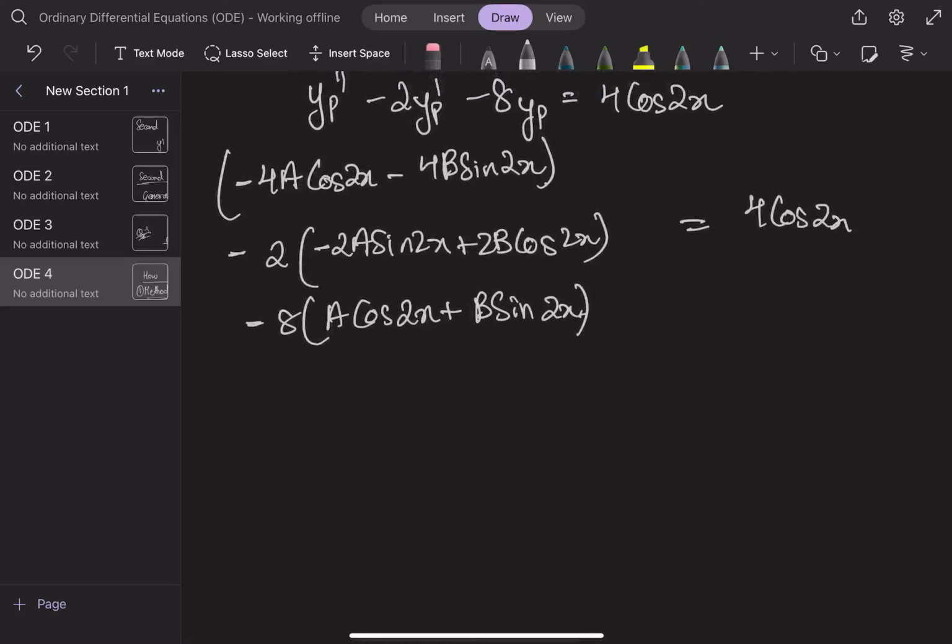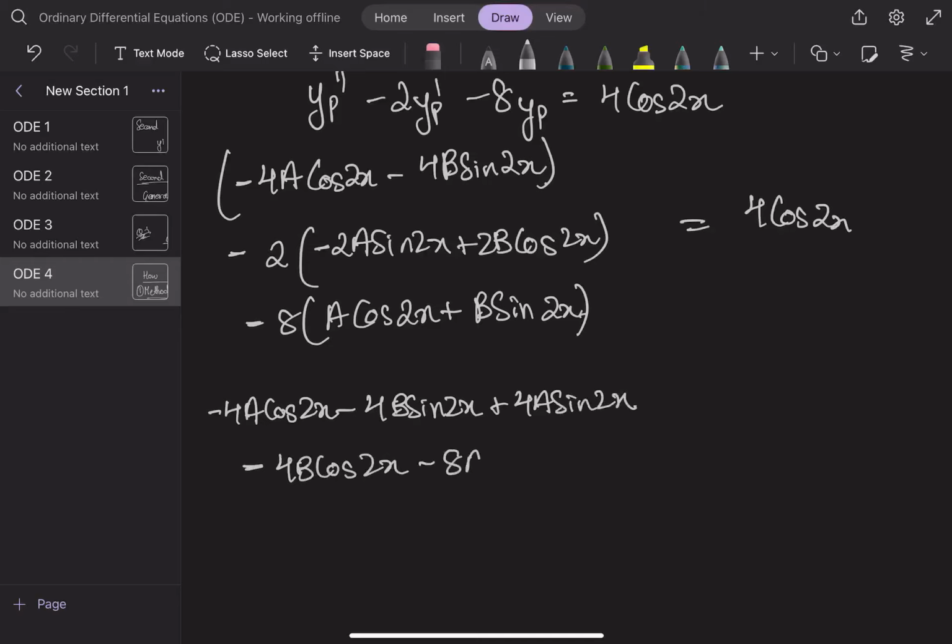Now let's simplify this. It's minus 4a cos 2x minus 4b sin 2x plus 4a sin 2x minus 4b cos 2x minus 8a cos 2x minus 8b sin 2x is equal to 4 cos 2x.